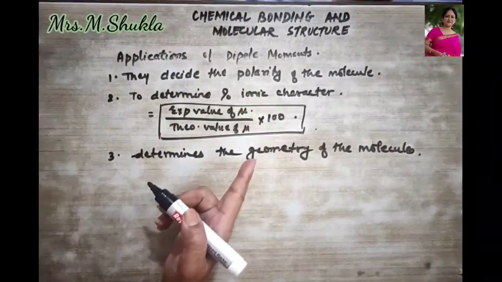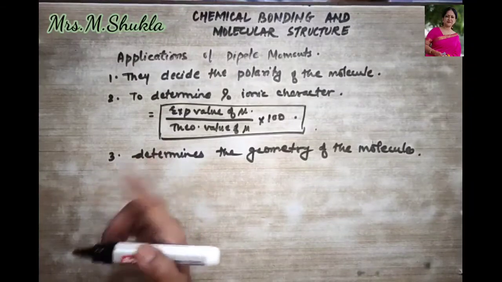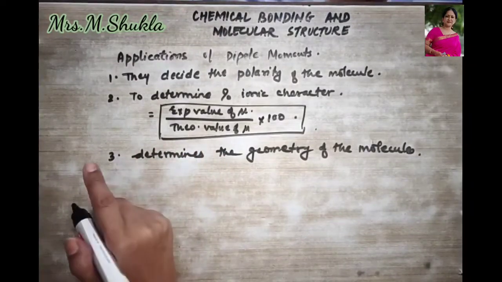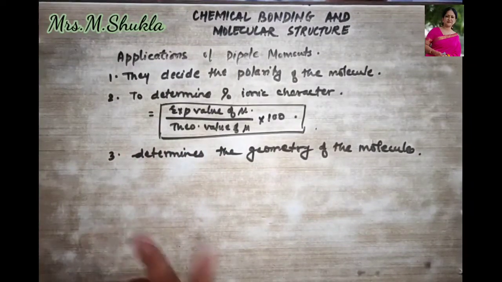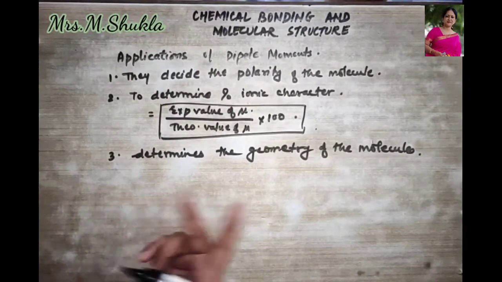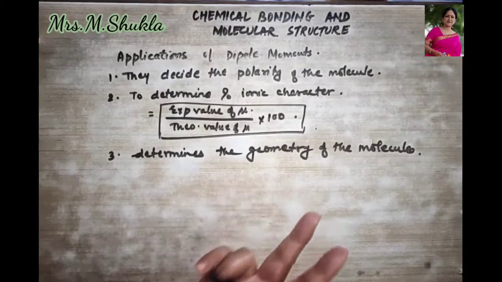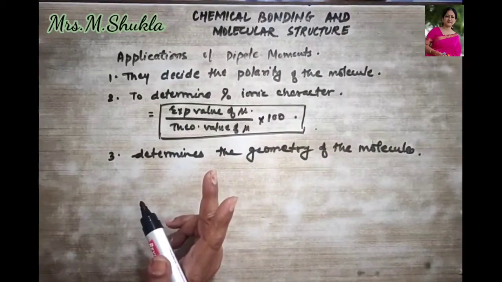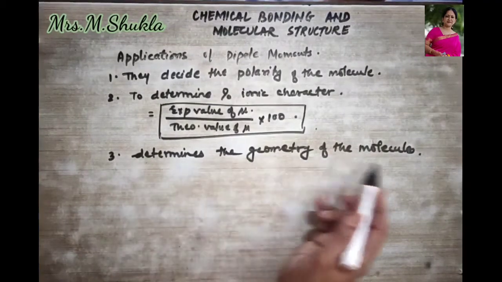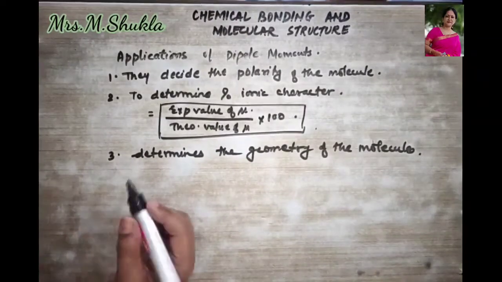Then just now you studied about water, right? It is not a linear molecule, it forms a bent structure, so it shows a dipole moment. In ammonia also you saw that it forms a pyramidal structure and it has a dipole moment. So it also determines the geometry of the molecules.